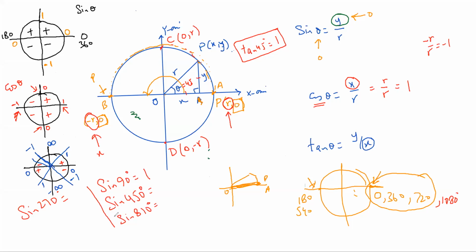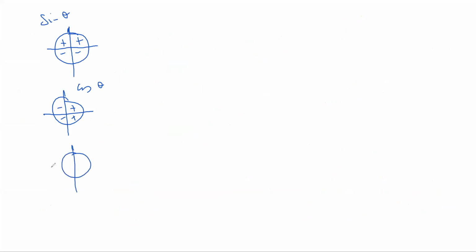If you combine all these three circles, do you know what you get? Let me write them quickly. This is for the sine, plus here, minus here, minus here. For the cos, plus here, minus here, minus here. And for the tan, plus here, minus here, minus here.